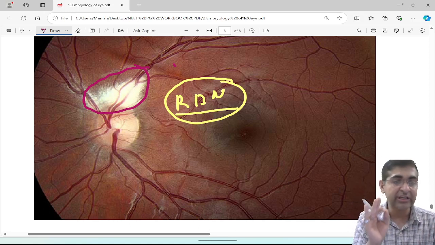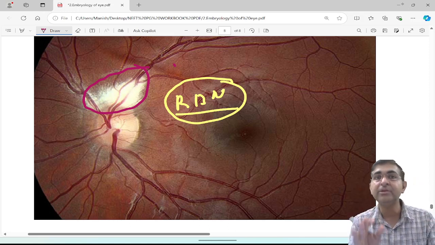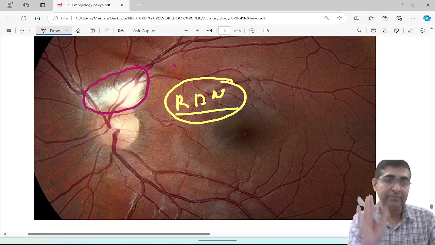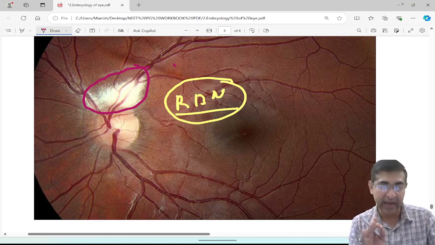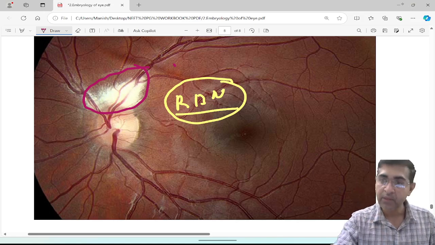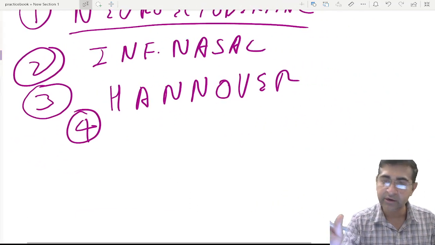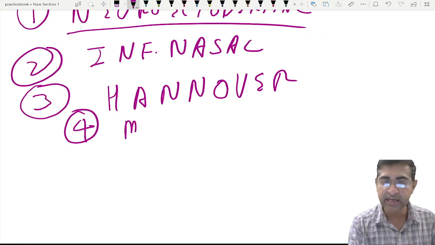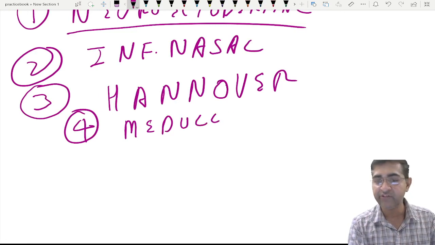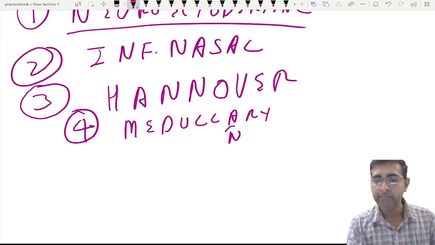This is a clear-cut case of medullary nerve fibers or myelinated nerve fibers. So medullary nerve fiber is the answer, which is option B here. Let me write the answer here, medullary nerve fiber. So what was the answer? Yes, medullary nerve fiber.